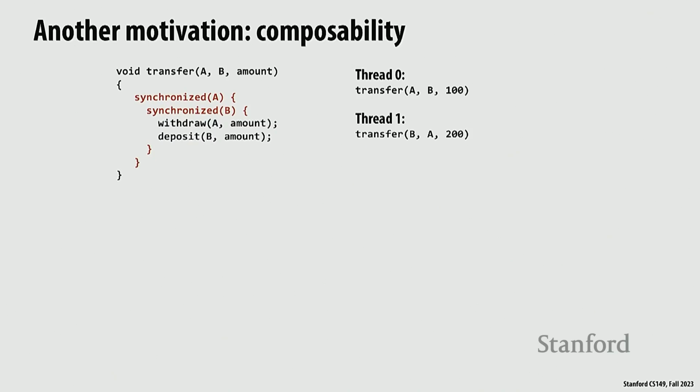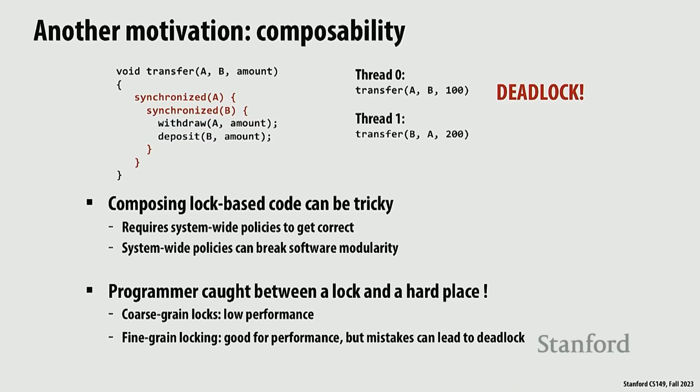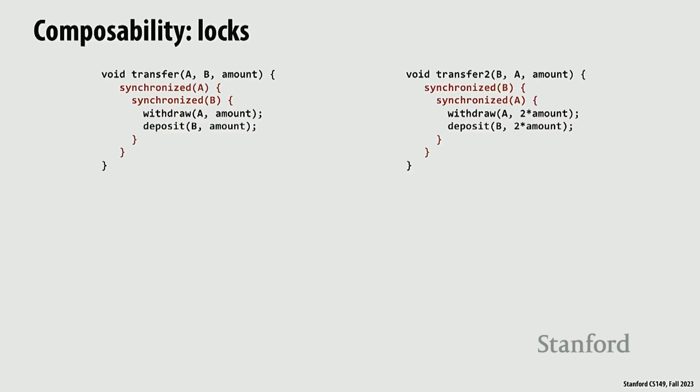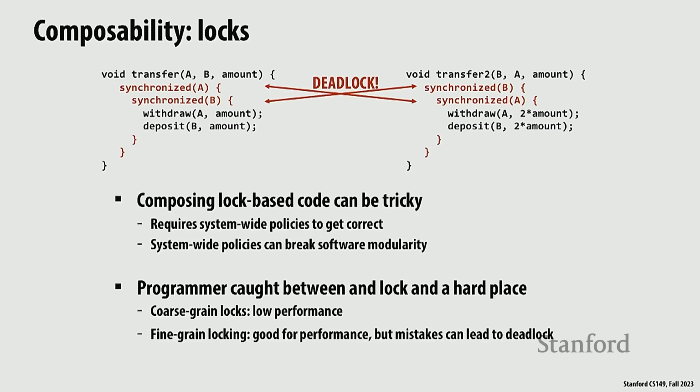So if we call transfer from A to B on thread 0 and transfer from B to A on thread 1, what happens? Well, we get deadlock, right? Thread 0 first gets a lock on A, and thread 1 gets a lock on B, and now we're in a deadlock, the deadly embrace situation, right? So how do we fix this? What's the solution to not having deadlock in this situation?